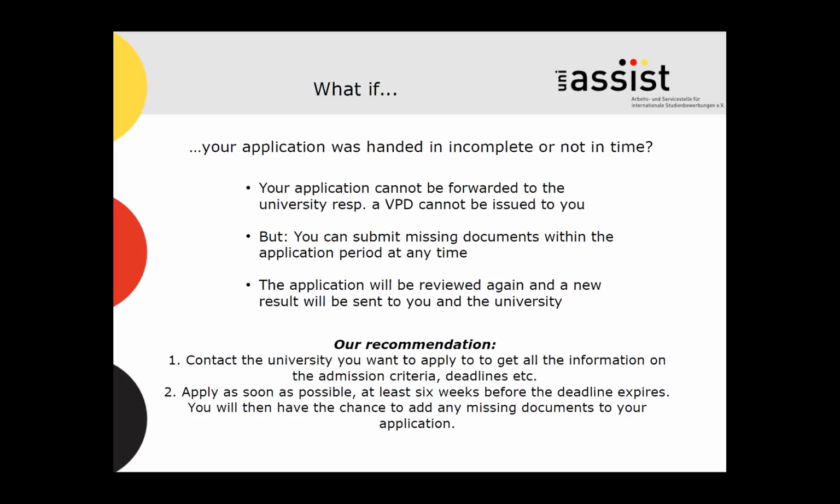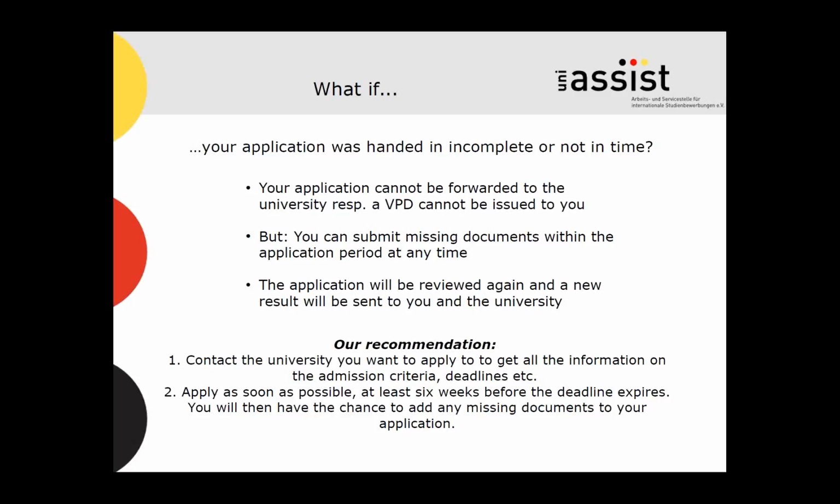What if your application was handed in incomplete or not in time? Your application cannot be forwarded to the university, or a VPD cannot be issued to you. But you can always submit missing documents within the application period at any time. The application will then be reviewed again, and a new result will be sent to you and the university.